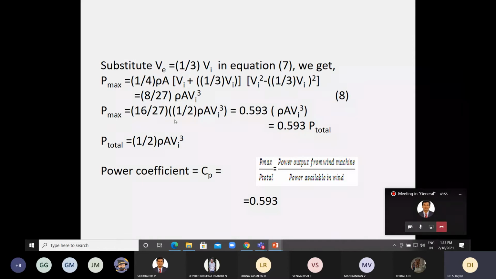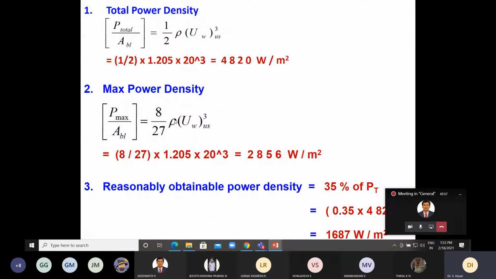So by using this formula, you are going to find the maximum power density. That is equal to 8 by 27 rho V cube, right? Here rho you calculated already, and the velocity they have given in the problem. So substitute all those values and find out the maximum power density. Here the maximum power density is 2856 watt per meter square, right?